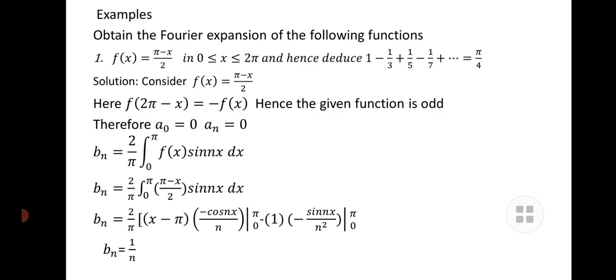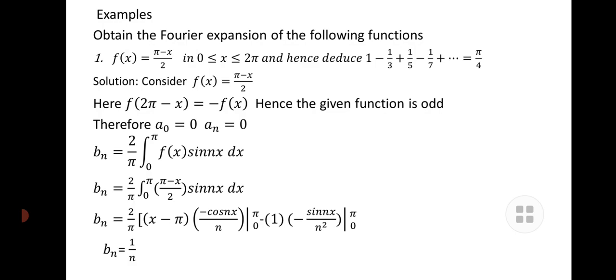Rewriting using integration by parts, that is 2 divided by pi, the first function x minus pi into the integral of sin nx, which is minus cos nx divided by n, running from 0 to pi, and the derivative of the first term x minus pi is 1, into the integral of the integral term, that is minus sin nx divided by n square, which is also running from 0 to pi.